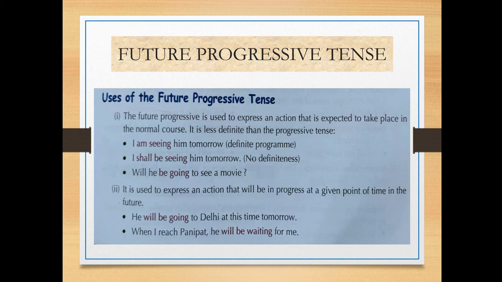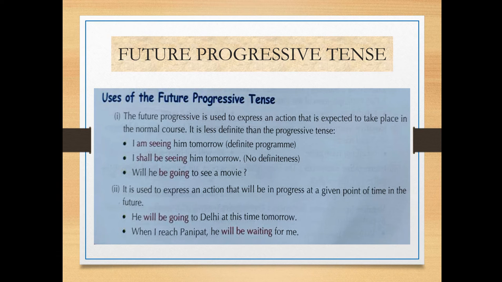So we are going to add ing with the V1 verb. I shall be go plus ing, that is, I shall be going there next week, right?